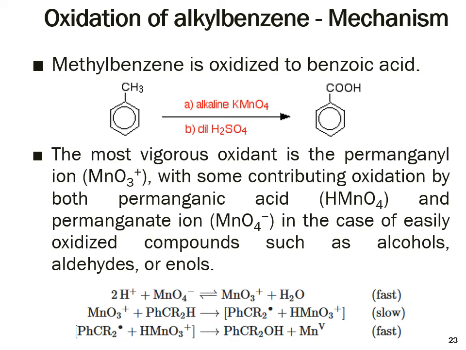And if you look at this toluene, if you treat it with alkaline KMnO4 and then with dilute sulfuric acid, you will end up with the benzoic acid.